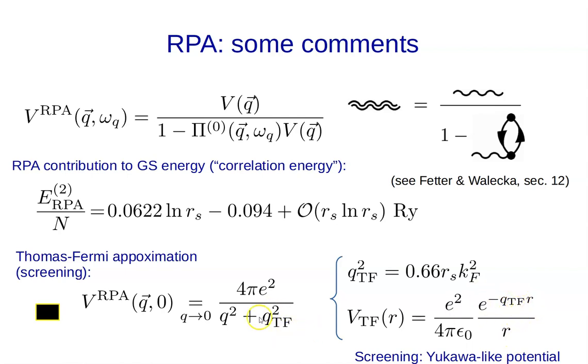And that will give you q_TF squared here. So this is like an effective range for your Coulomb potential. It is not long range anymore, but has this shorter range form. Okay, so let's do a quick calculation and see where this expression comes from.